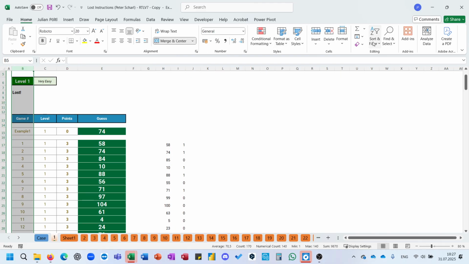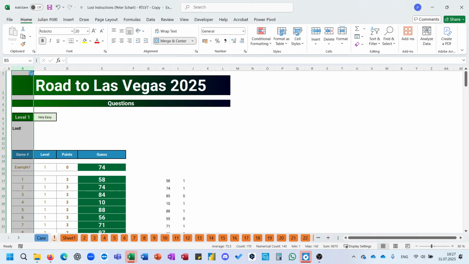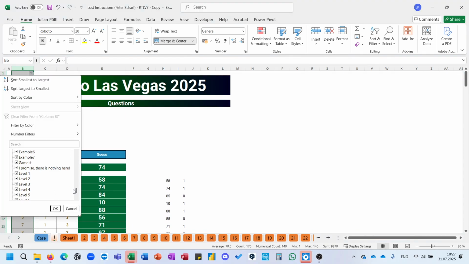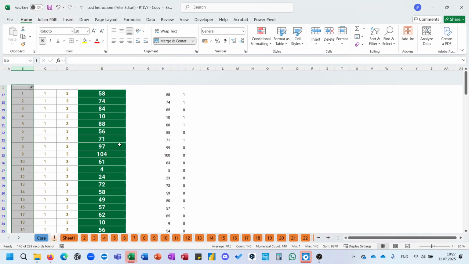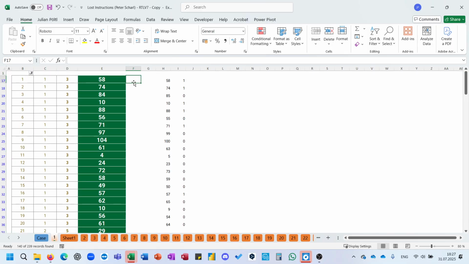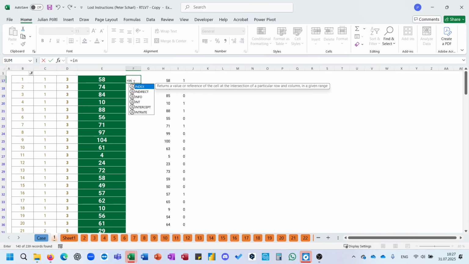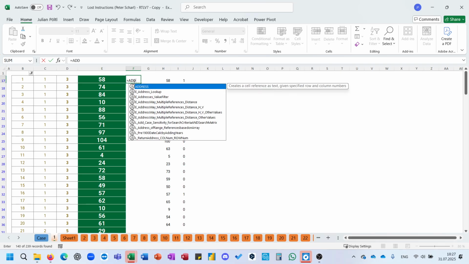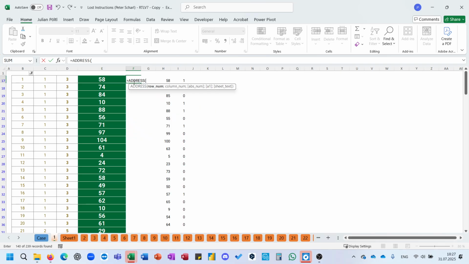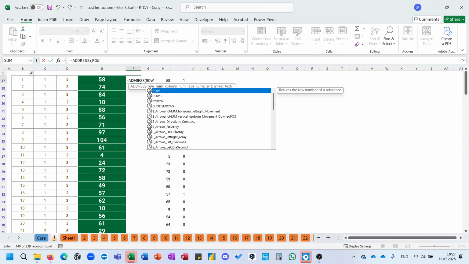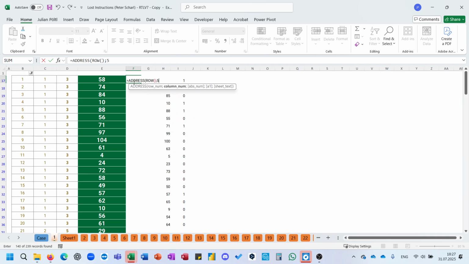Okay. Now I filter here everything out that is not a number. So a little bit of a manual approach. And then I write here address, row number is row, and column number is 5.